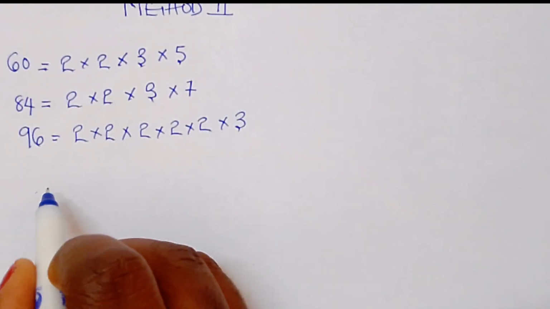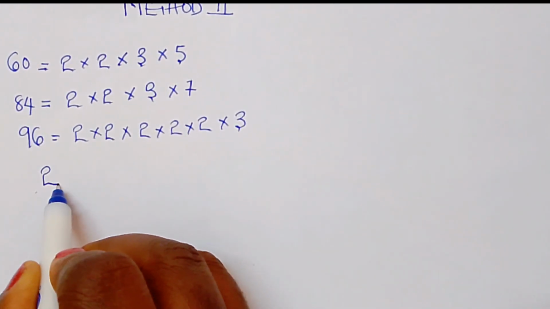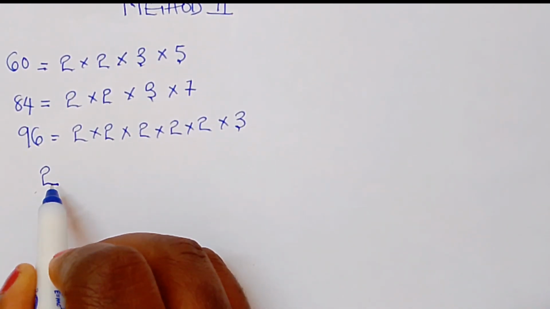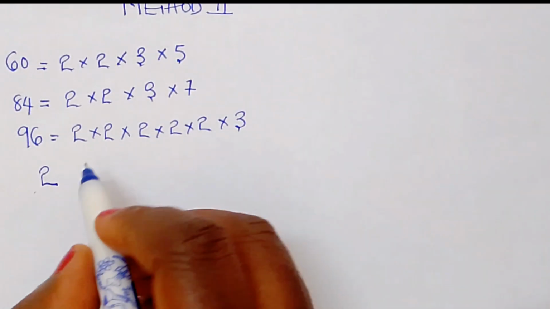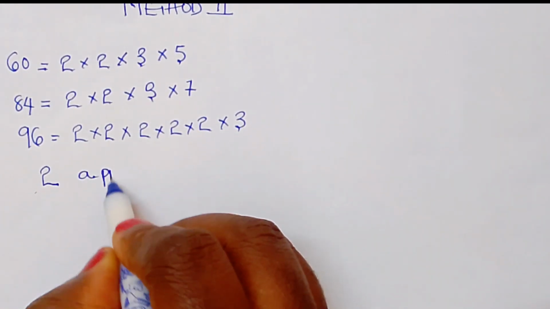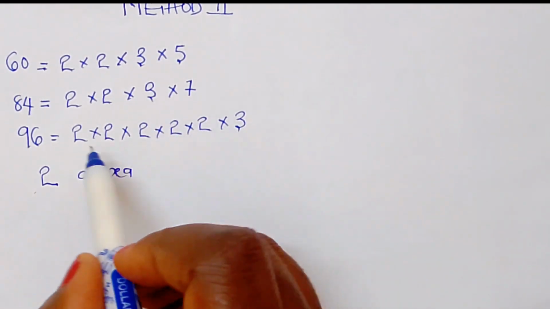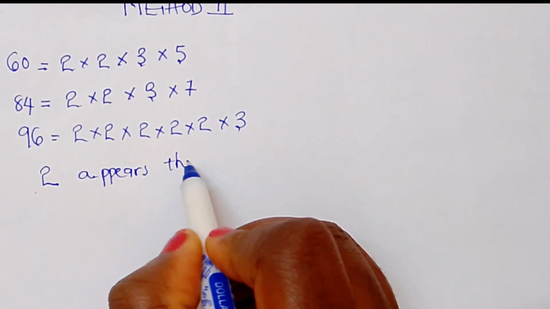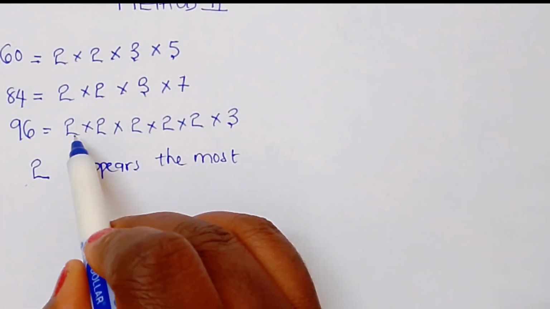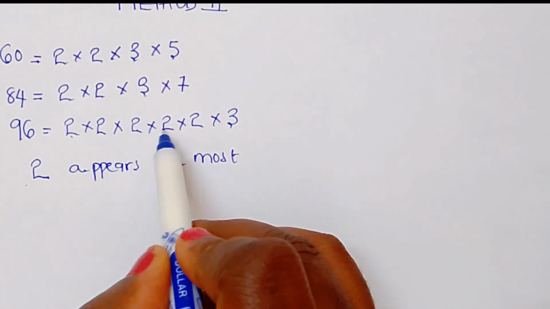We're going to start with 2, right? So we're going to look at how many times 2 appears. Let's see where it appears the most. So 2 appears the most in 96, right? Appears how many times? Let's count. 1, 2, 3, 4, 5.